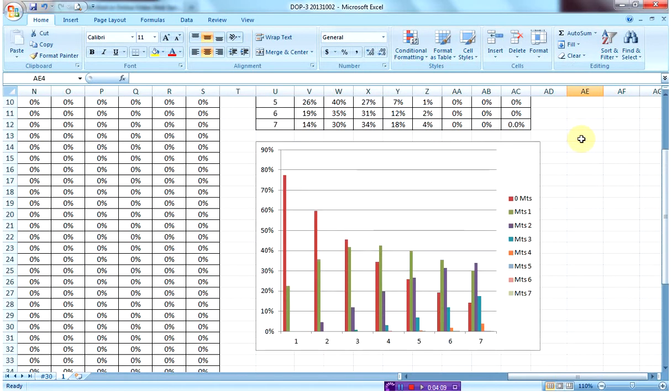And we could look at the distribution that way and say if all we cared about is when are we getting mountains.